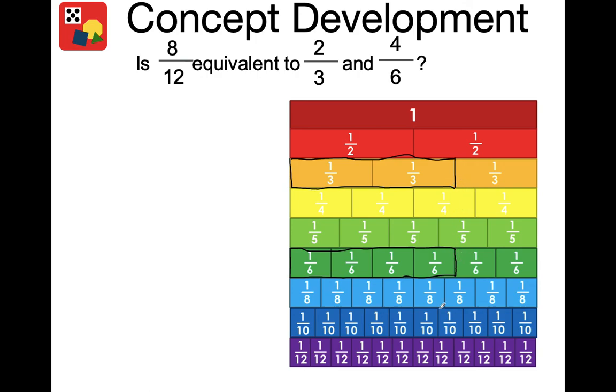They look pretty equal to me, and they actually are equal. So if you were not sure if 2/3 and 4/6 are equal, they are in fact equal. Now we just need to figure out, is 8/12 equal to them as well? So I have 1, 2, 3, 4, 5, 6, 7, 8.